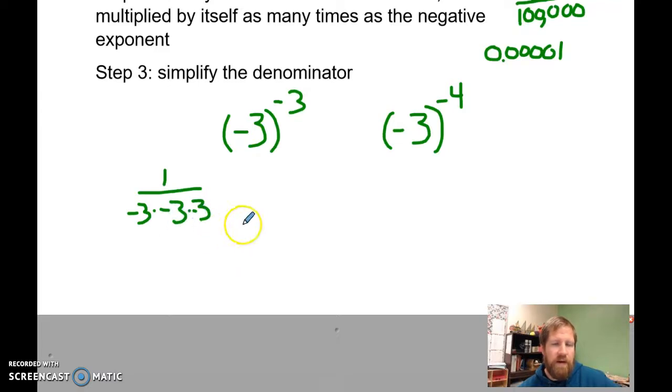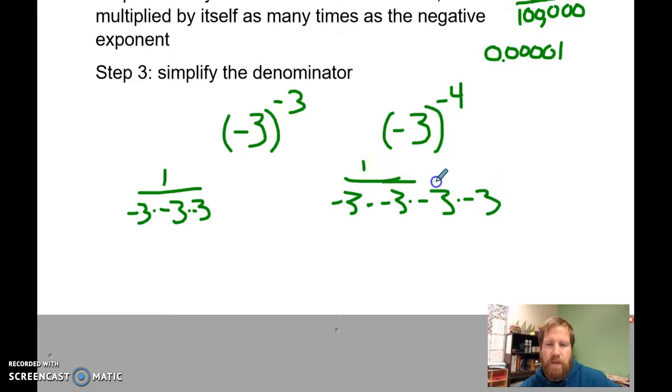For this one, same thing, 1 over negative 3 times negative 3 times negative 3 times negative 3. When you have a negative base, if you have an odd exponent, your answer is going to turn out negative. If you have an even exponent, your answer will be positive.